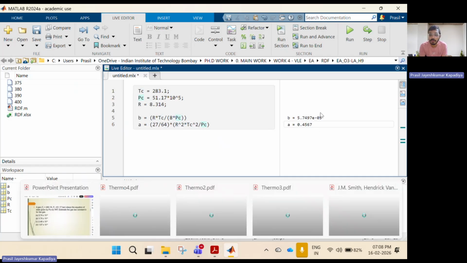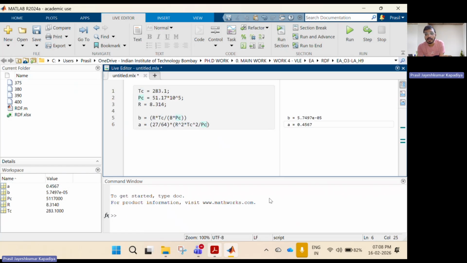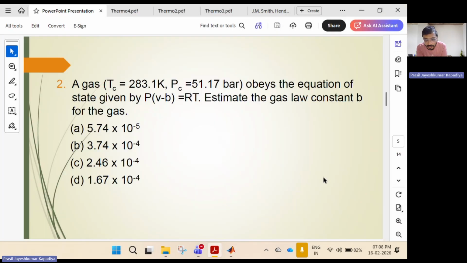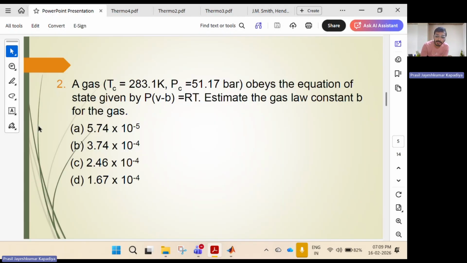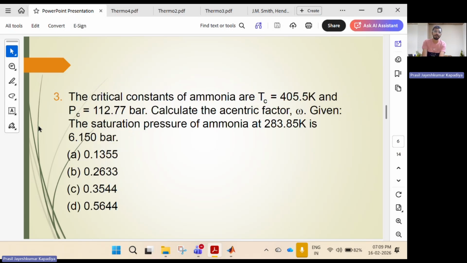Okay, so this is how you can also calculate the value of A in SI units if you are asked to find. So you just need to remember these two formulas in case of Van der Waals equation of state, that A is 27 by 64 R square TC square by PC and B is RTC by 8 PC. Okay, so now let's move ahead to next question.